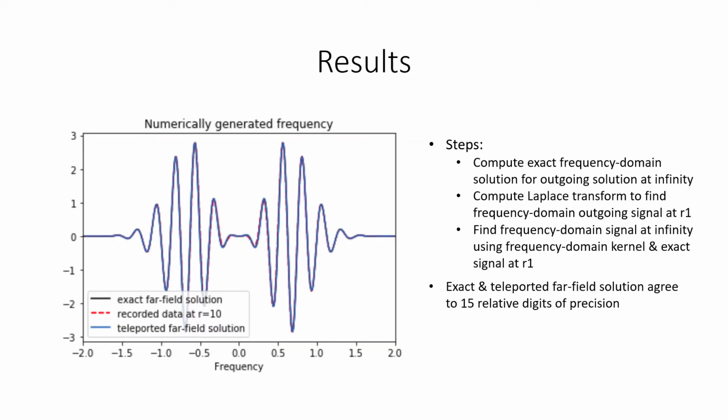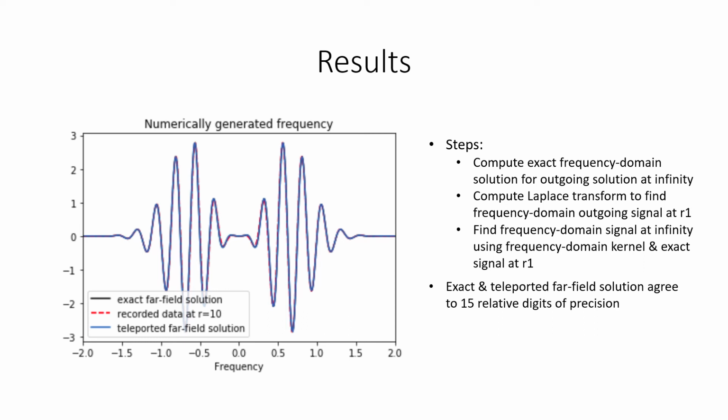In order to find the signal at r2, we first compute the exact frequency domain solution for the outgoing solution at infinity. This is done by taking the Laplace transformation of the signal in the time domain at r equals infinity. We then compute the Laplace transformation to find the frequency domain outgoing signal at r1.